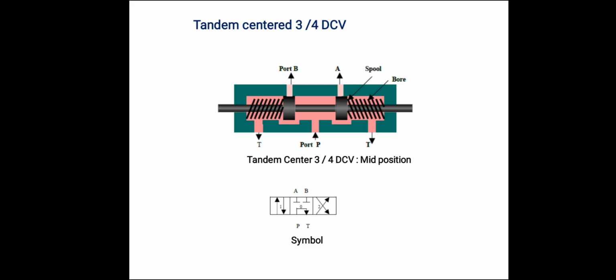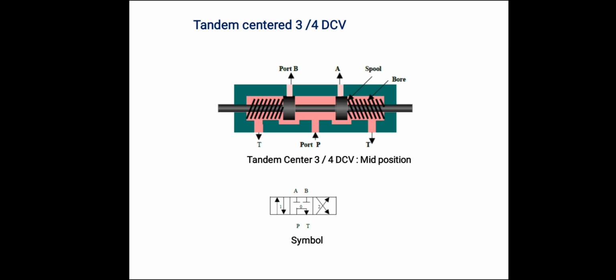The application of this design may be to hold a cylinder or fluid motor under load, or to permit the pump flow to be connected to a series of valves for multiple circuitry. So here you can see this diagram. Also there are symbols for tandem centered 3x4 DCVs.